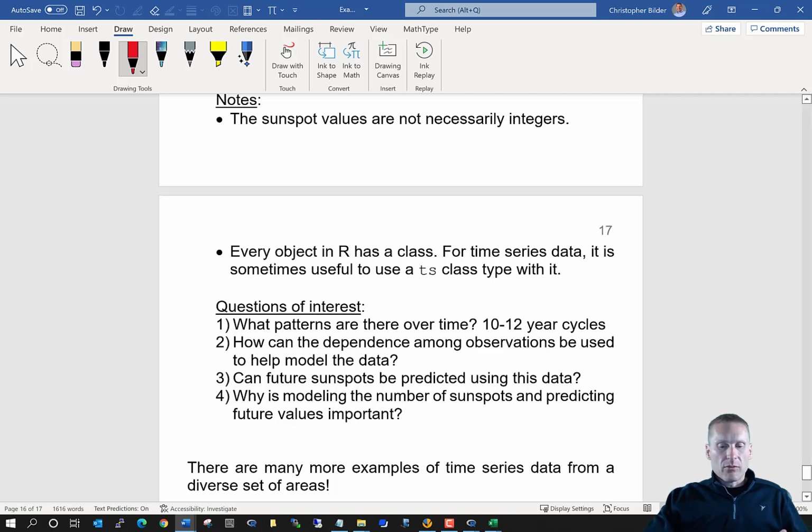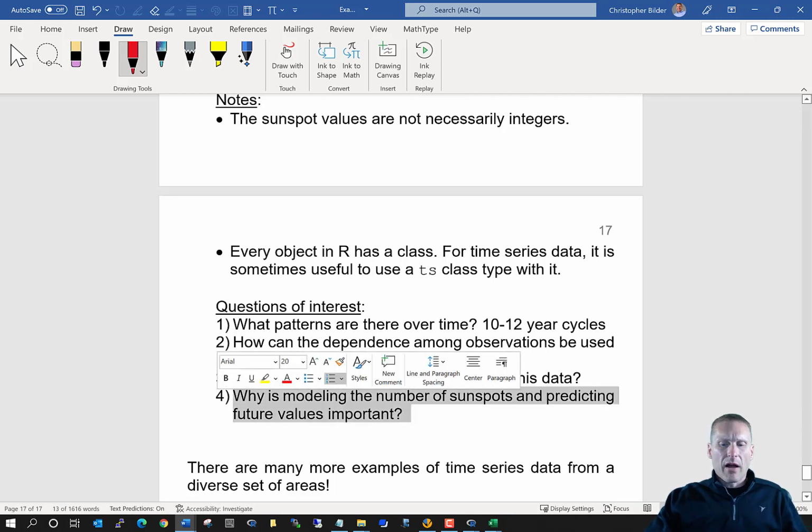And then lastly, and what's most important, is why is modeling the number of sunspots and predicting future values important? Well, the reason is that these sunspots seem to be correlated with the number of sun flares that occur. Sun flares are noted for disrupting electronic communications here on Earth.